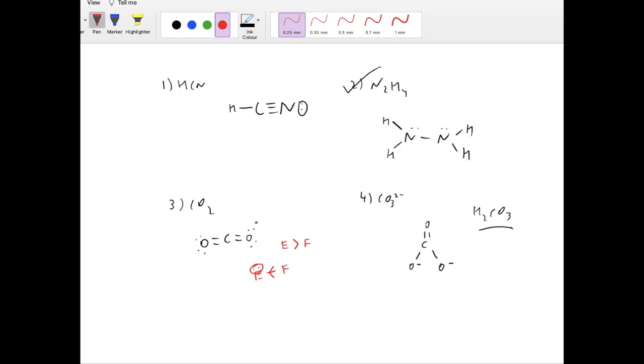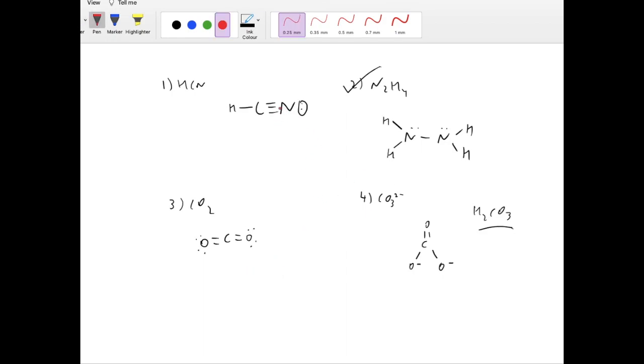So in a basic attack, if you have an electrophile, any base would try to attack the electrophile with its lone pairs. But here, oxygen is pretty electronegative. Also, it has sp2 hybridization, so it's even more electronegative than regular oxygen, which is sp3. So oxygen wouldn't like to be a base.